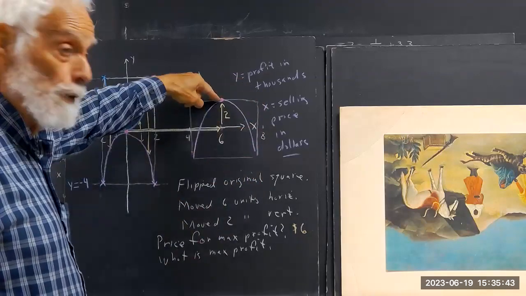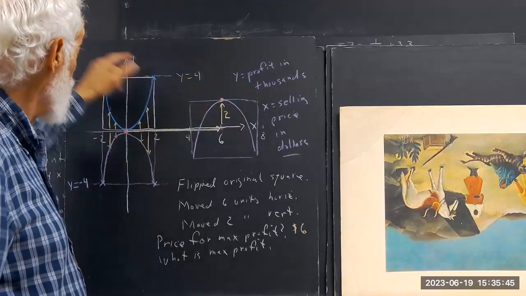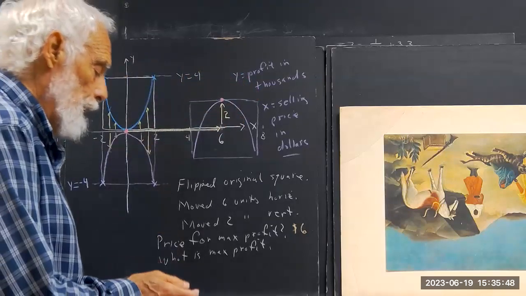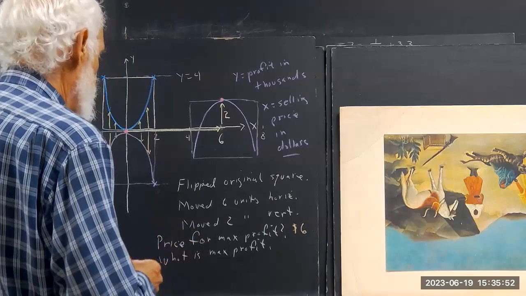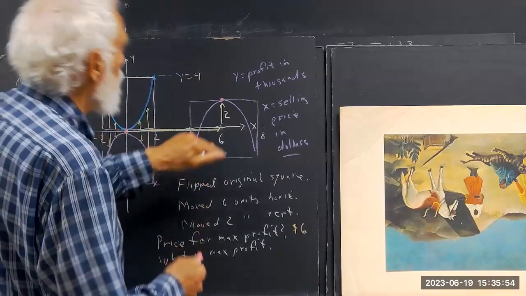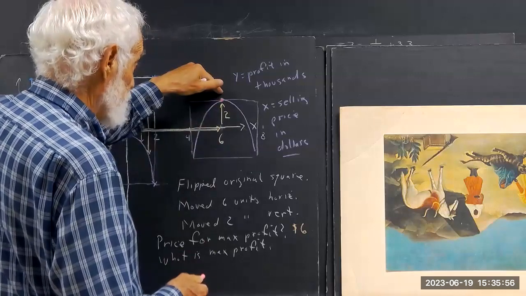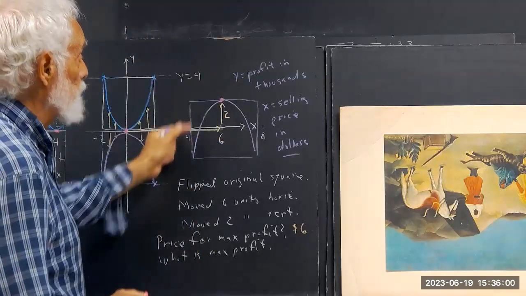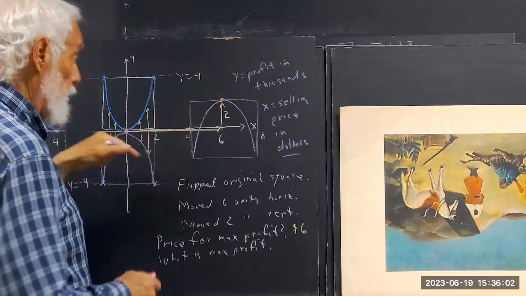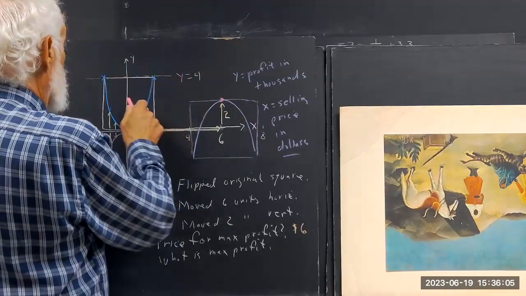At this point, there's your maximum profit because your profit is your Y. Okay, so the maximum profit looks to be, well, the price for the maximum profit is 6. That's for the red dot. The red dot is at the peak of this parabola, meaning that's your peak price.